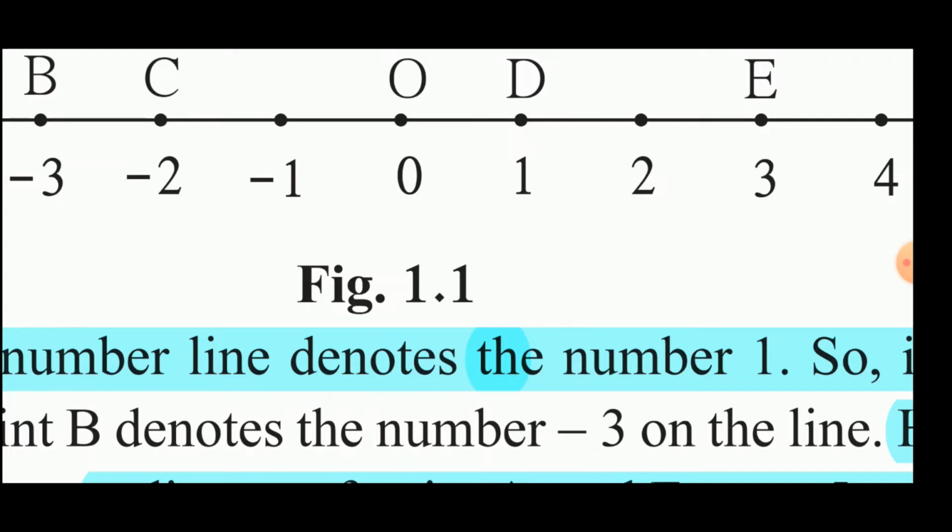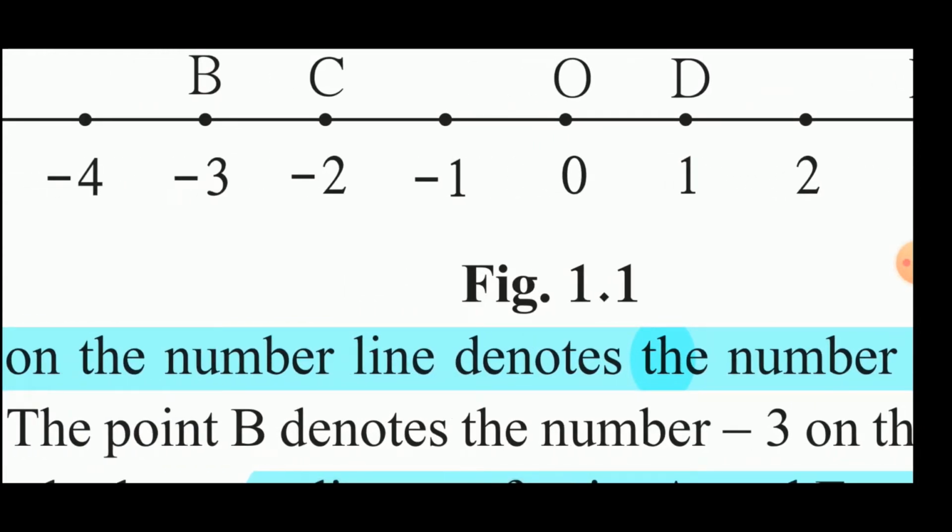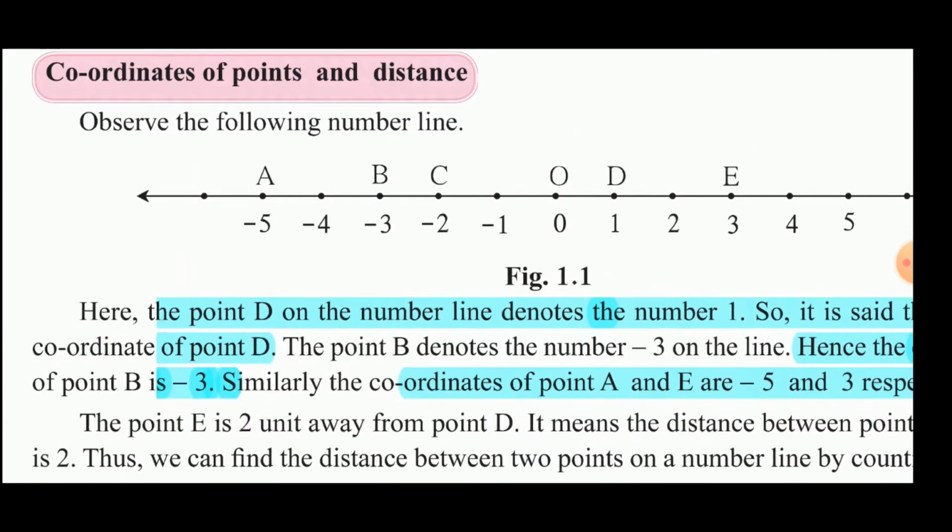So point D is at a distance of 3 units from C. To find out how far point B is from D, count the unit distances: 1, 2, 3, 4. So point B is at a distance of 4 units from D.